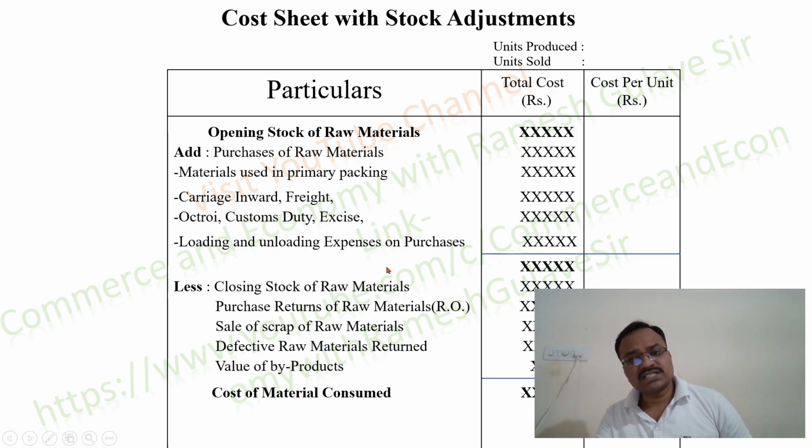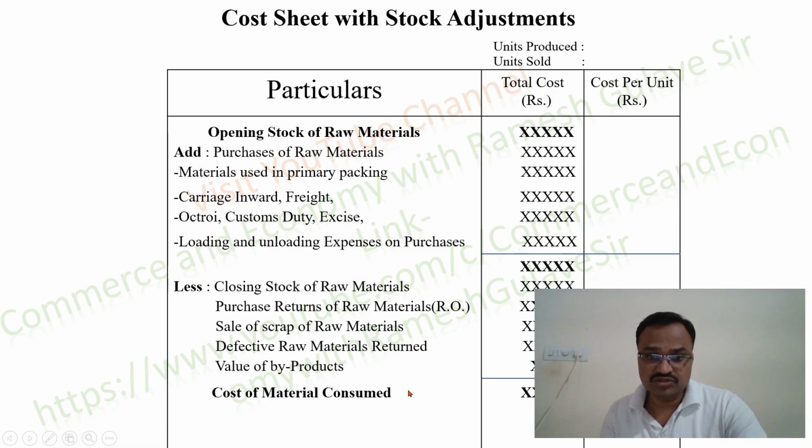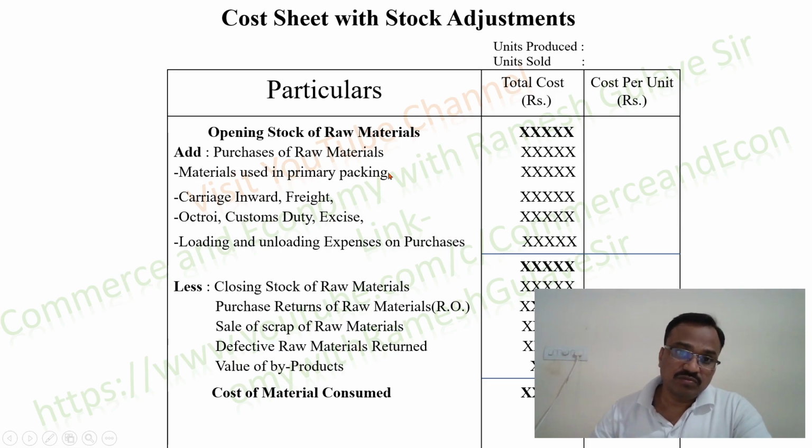Here, friends, a question can be asked on how cost of material consumed is calculated, right? Cost of material consumed is calculated by adding opening stock with purchases. Then a question can be asked like this: while calculating cost of material consumed, what is subtracted from opening stock of raw materials and these things?